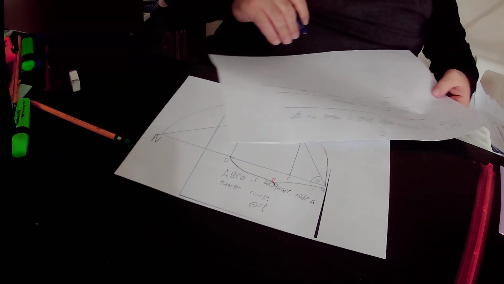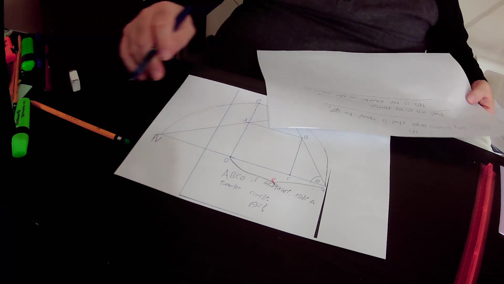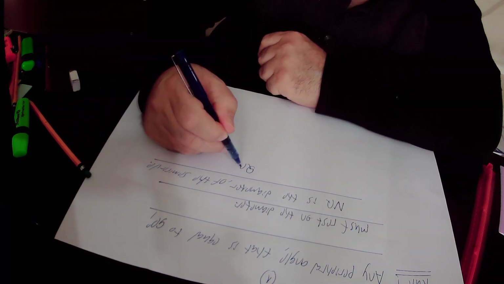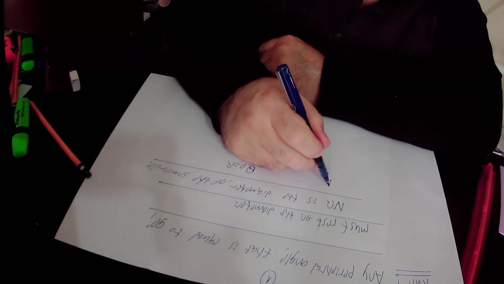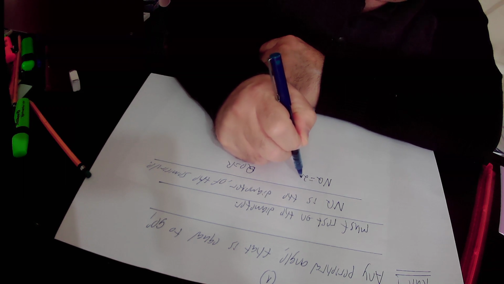And we know that QO is the radius of the semicircle, that is equal to R. NQ as the diameter is twice as large as the radius, that is to say it will be equal to 2R.